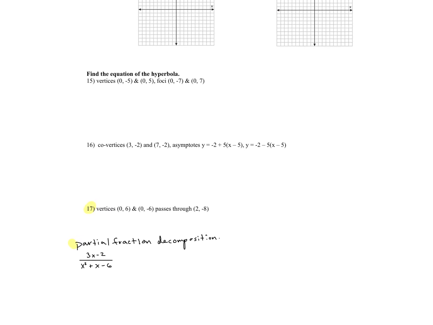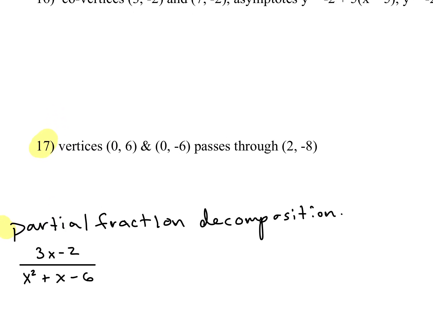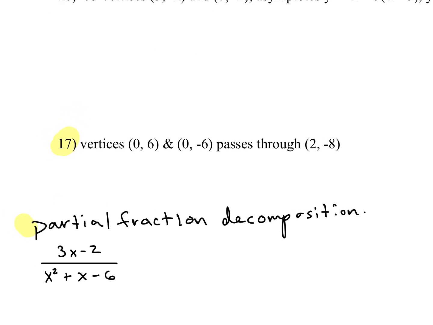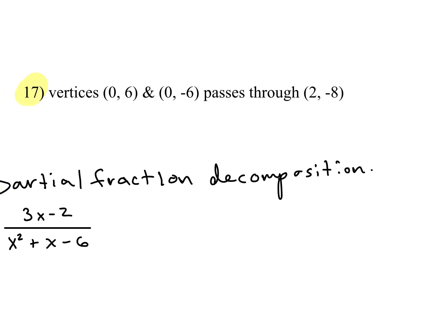So find the equation of the hyperbola. It gives us the vertices and it passes through a point. So our equation for a hyperbola, they're given to you. So you can go to the last page on the review. We have x minus h squared over, I'll call it a squared for now, minus y minus k squared over b squared equals 1.